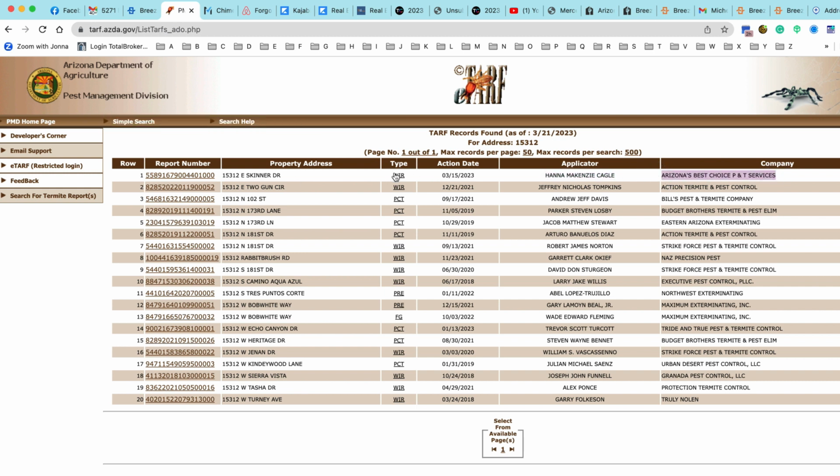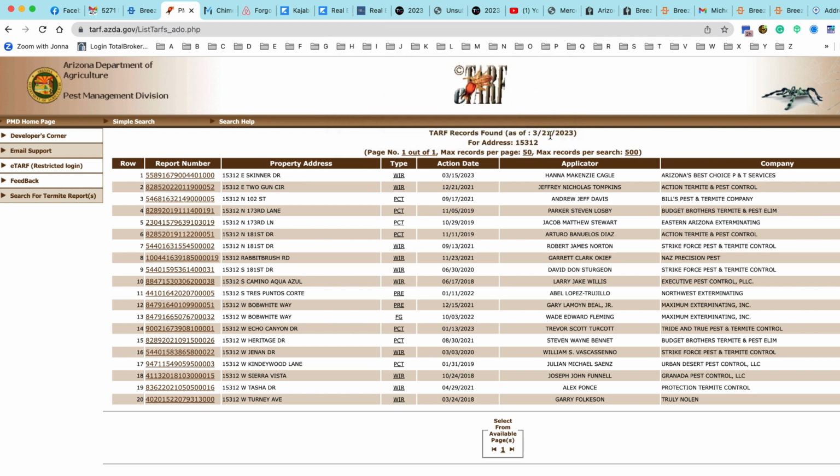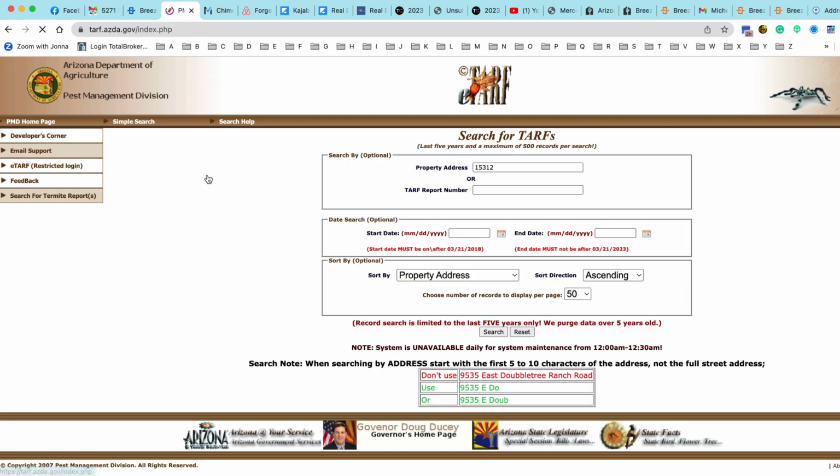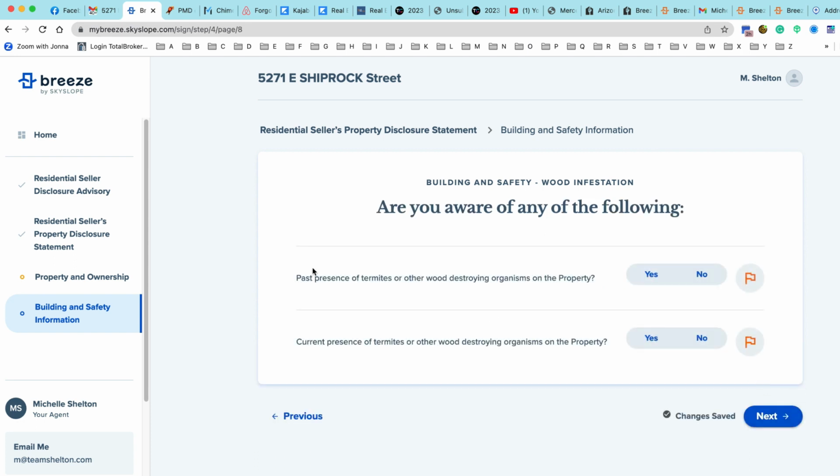So wood infestation report means a document authorized by ARS statute and prepared in connection with the sale, refinancing of real estate property, regardless of whether the report is used as part of the sale or refinancing. So I don't know if you click on that, it doesn't do anything, but anyway, you can definitely look up properties, and once they're reported, then it's public information.